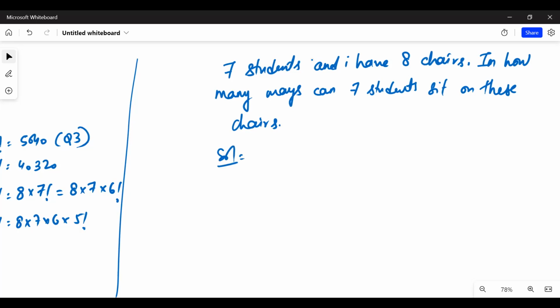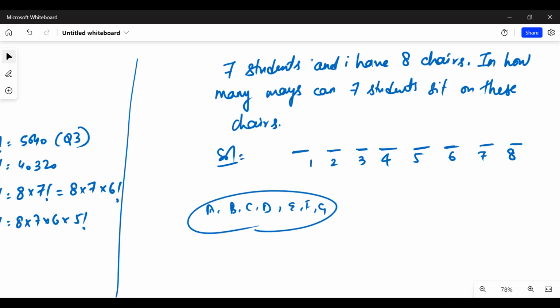You have 1, 2, 3, 4, 5, 6, 7, 8 chairs. 8 chairs are there, but the number of students is 7 only. Suppose the students are A, B, C, D, E, F, G.